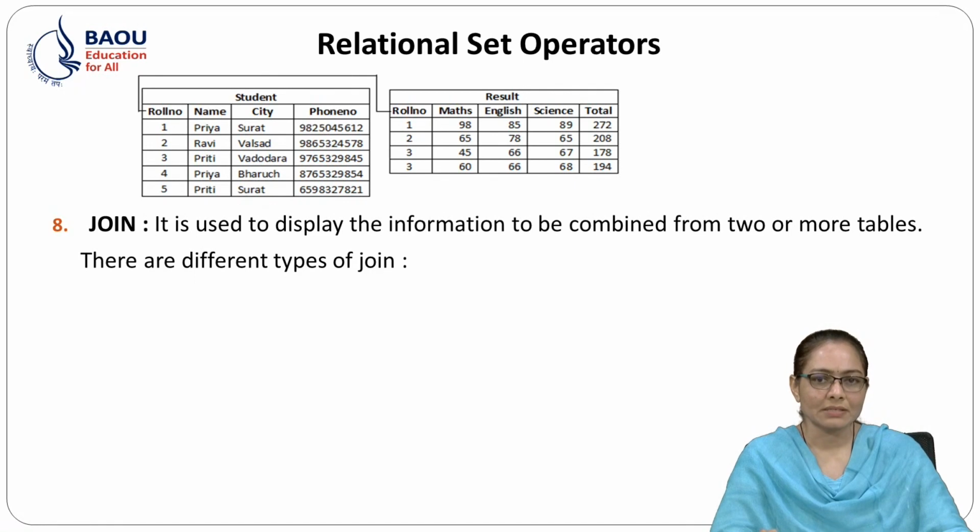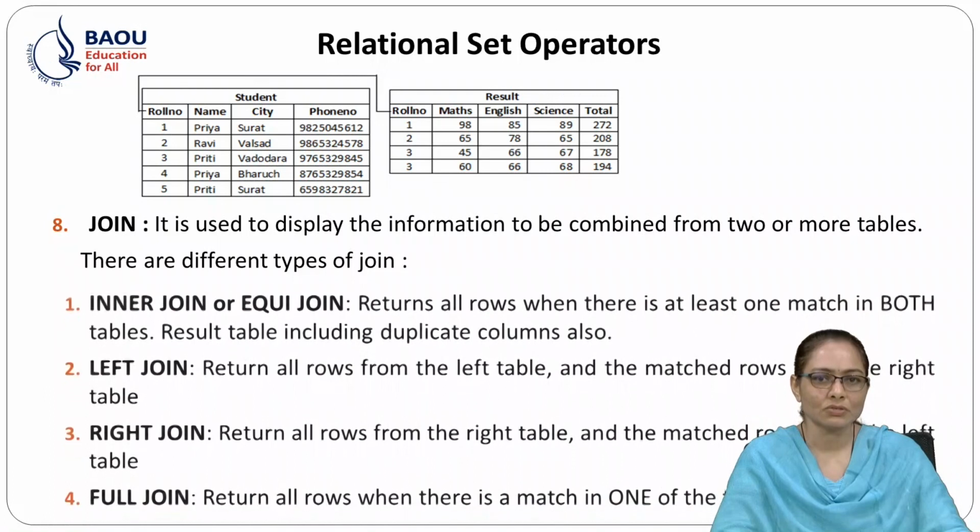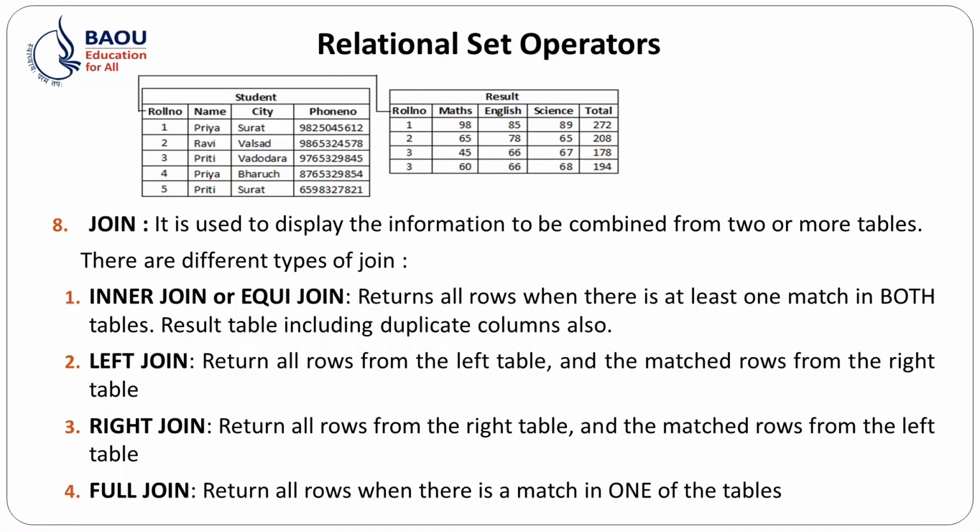Now the next one is joins. Join is used to display information combined from two or more tables. Here we use the primary key and foreign key concept. There are different types of joins. The first one is inner join, or equijoin. What do we mean by inner join and equijoin?